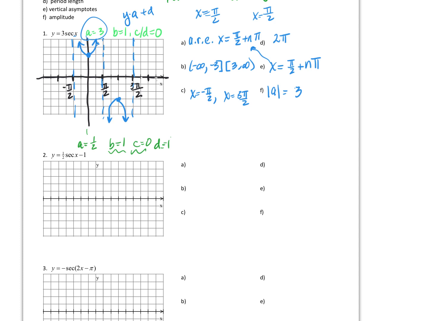We're going to have the original asymptotes of our secant graph. So I'm going to go ahead and put these in. So this is going to be negative pi over 2, pi over 2, and then 3 pi over 2. So that's easy. Our asymptotes have not shifted.